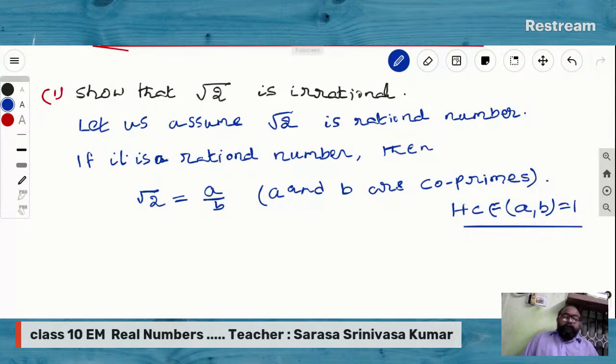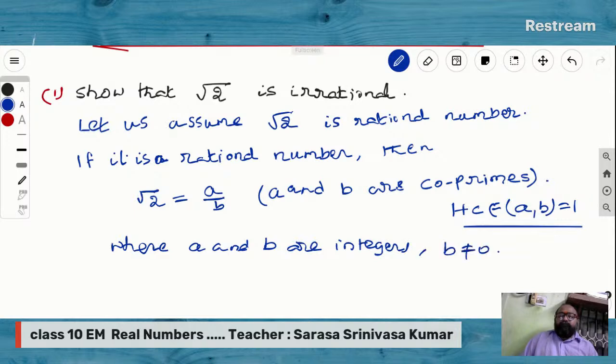And here A and B are integers and B is not equal to 0. This is our assumption.